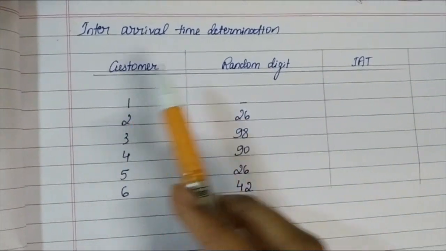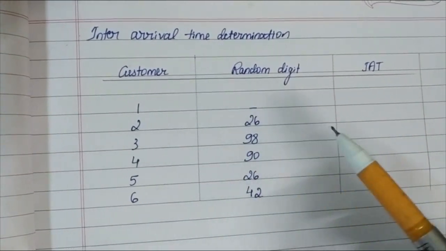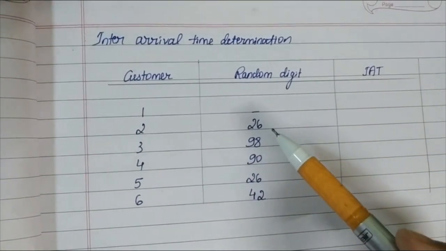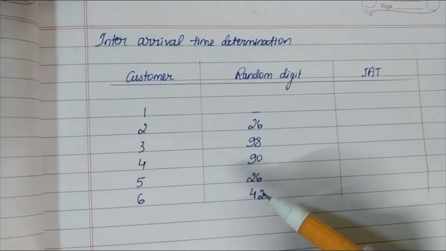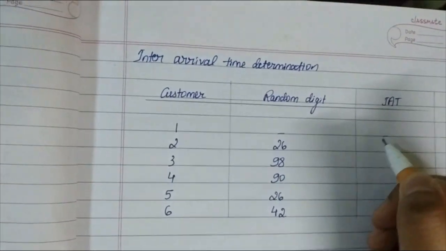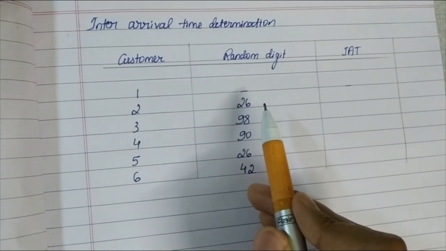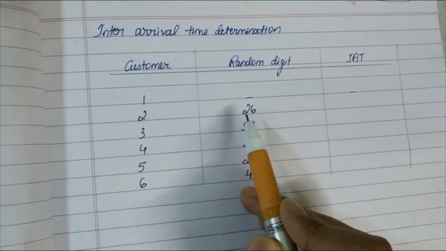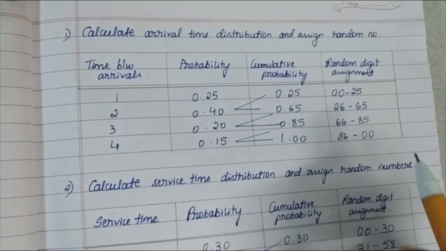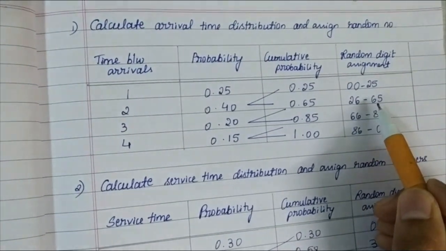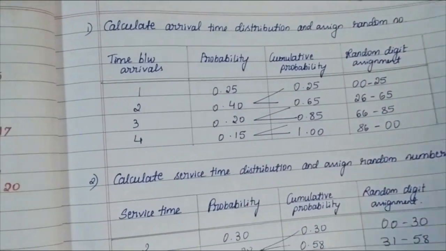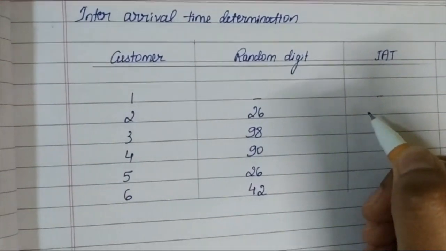Next, we need to find out the inter-arrival time. So for the customers, the random digits for inter-arrival time are given as 26, 98, 90, 26, 42. We need to find the IAT value. For the first customer, it's null. For the second customer, the random digit is given as 26. Now we need to refer to the first table and see where 26 lies. 26 lies in this range, so we consider time between arrival value 2 and write it as the inter-arrival time.